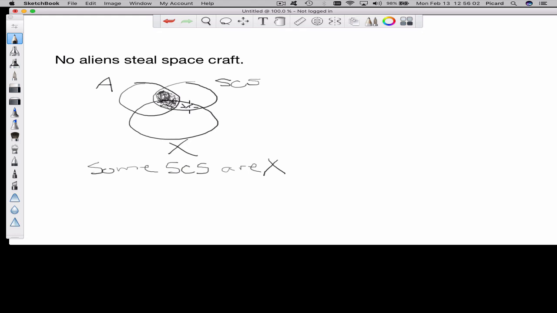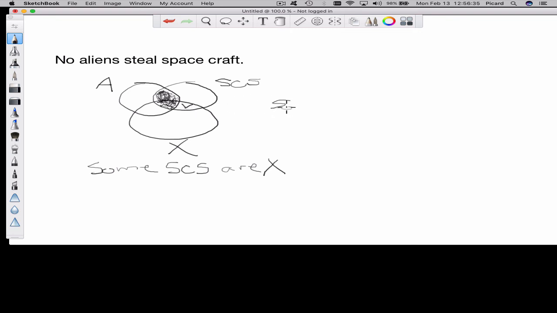So there has to be somebody who fits SCS and X who is outside of A. So the valid conclusion we could draw is some spacecraft stealers are not aliens, which is just a restatement of our first premise. But even better, we could say some people who get X-rays are not aliens. This person right here who gets X-rays, who is a spacecraft stealer and isn't an alien, would be the some people who get X-rays aren't aliens.